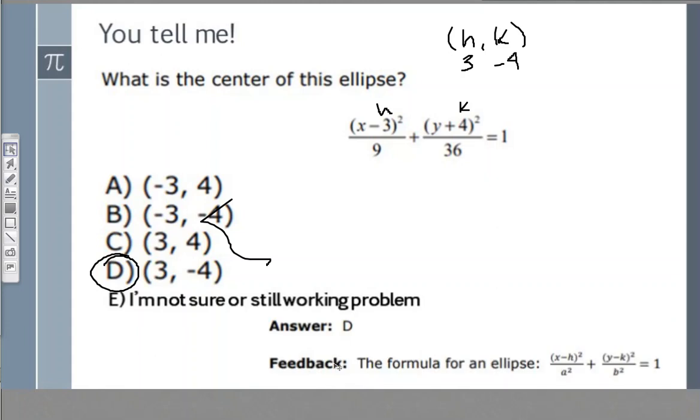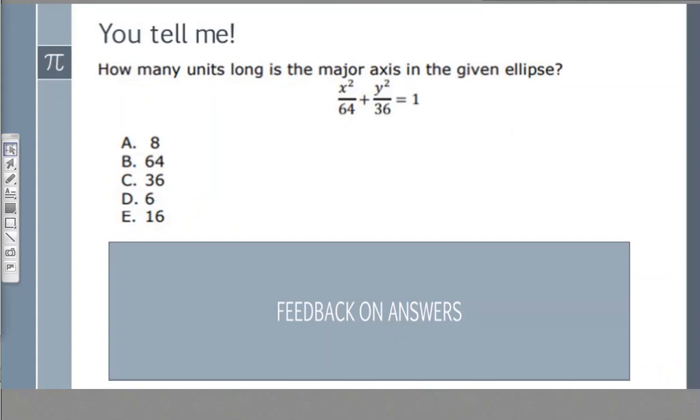All right, on this next one, how many units long is the major axis in the given ellipse? And hopefully you're going to pause and read through that. All right, let's just look at what answers we got here.